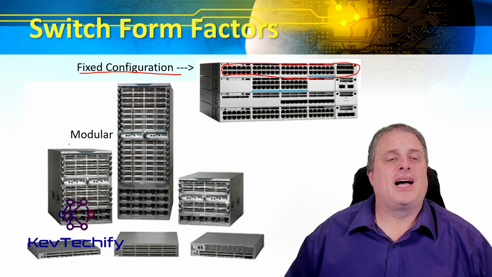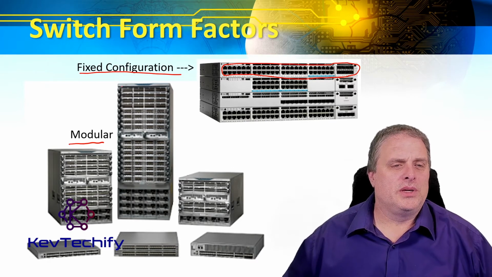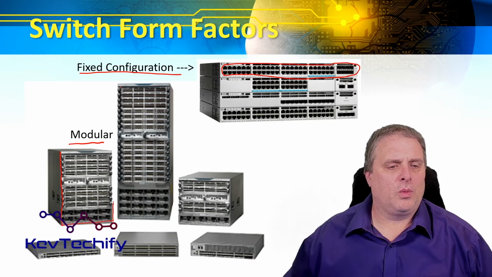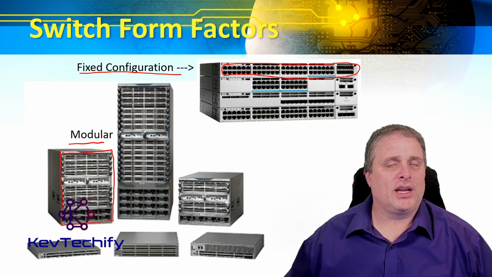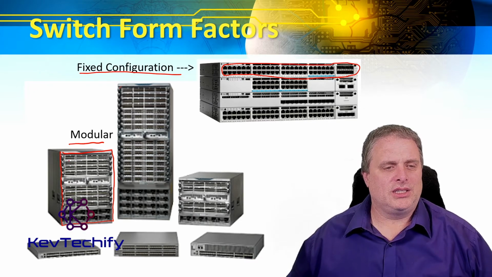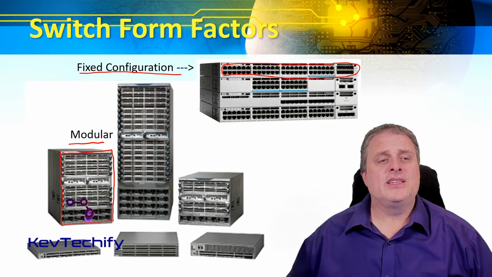Then we have our modular switches. What these are, we see that we have kind of a mini fridge here. When you buy this mini fridge, when it comes from Cisco, all of these connections, and these here look like these will take network cables into it, your unshielded twisted pair RJ45s, these are all blank.